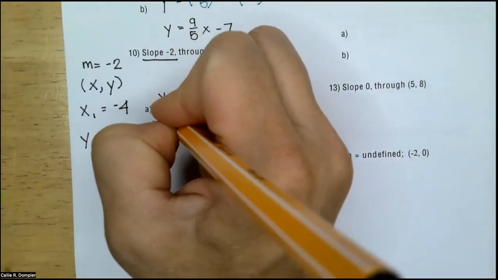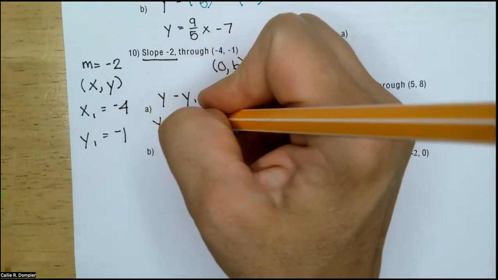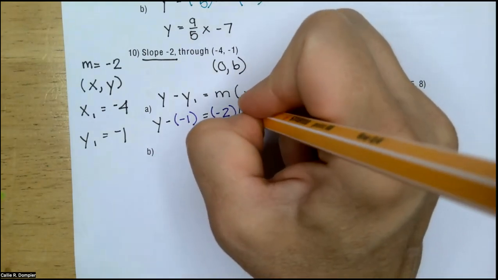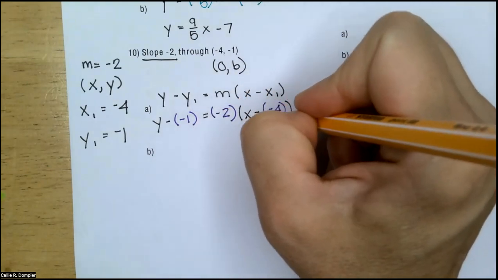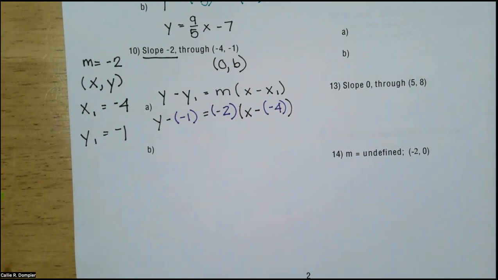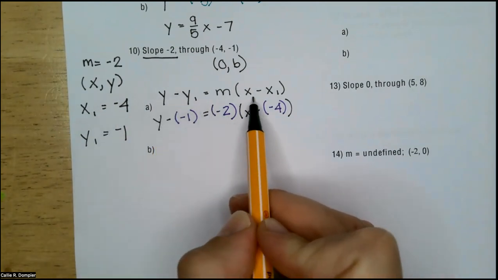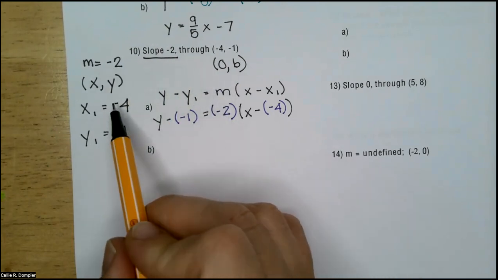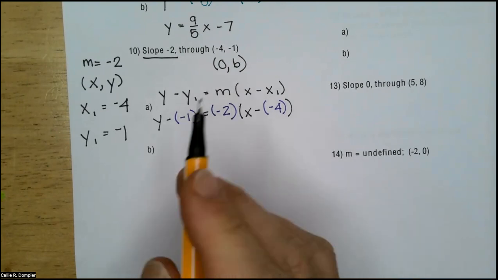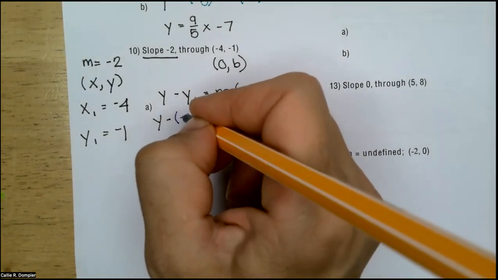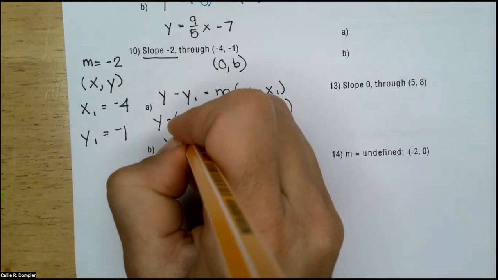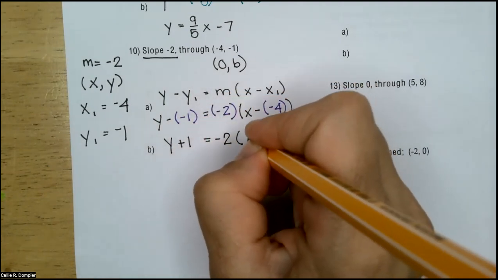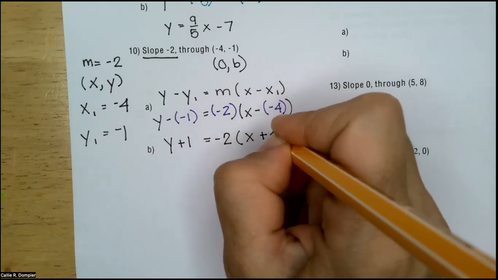Y minus y sub 1 equals m times x, again, minus x sub 1. So I took that equation and I substituted in that m, that x value, and that y value. Let's simplify. Y minus -1 becomes y plus 1. -2 times x minus a -4 becomes x plus 4.